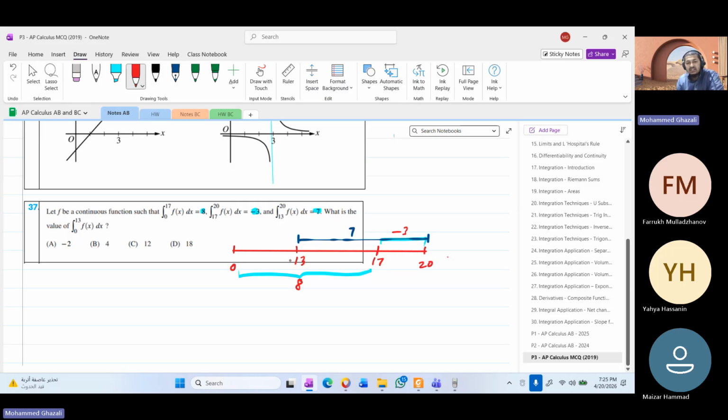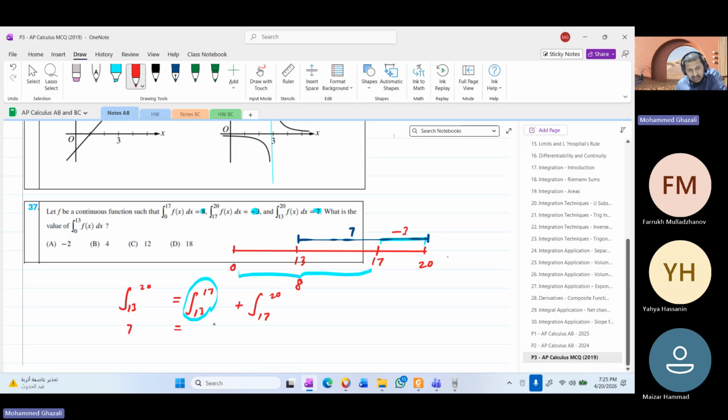The integral from 13 to 20 is equal to the integral 13 to 17 plus the integral 17 to 20, isn't it? And we want to evaluate 13 to 17. We can use the additive property. Integral from 13 to 20 is 7.